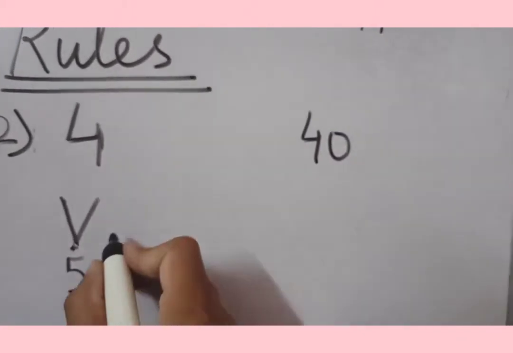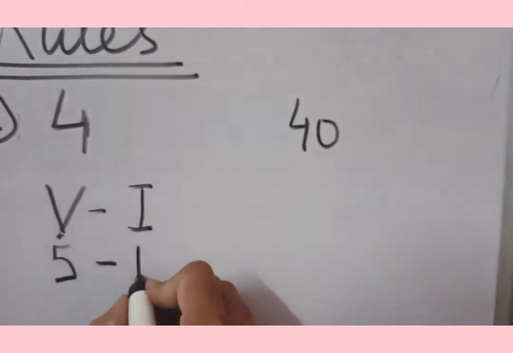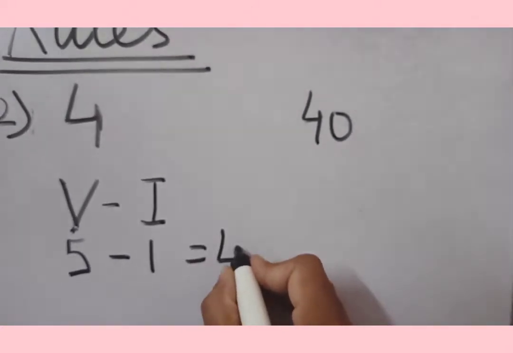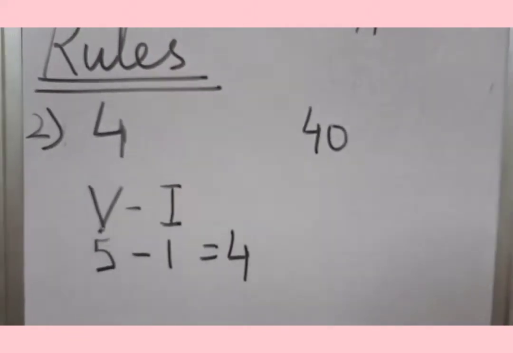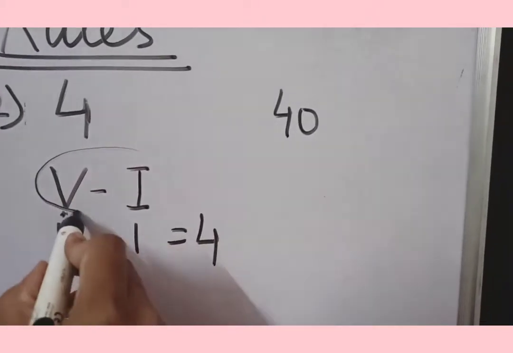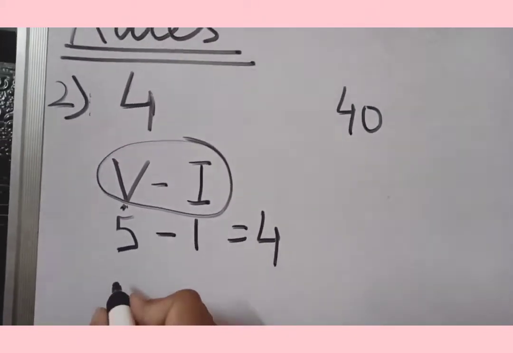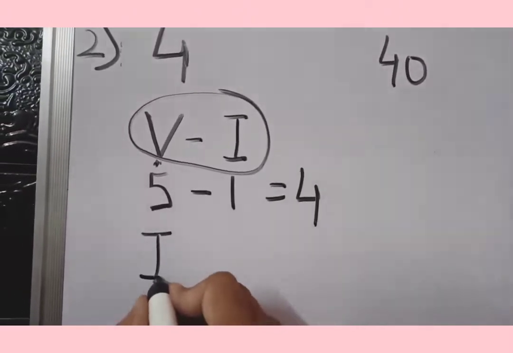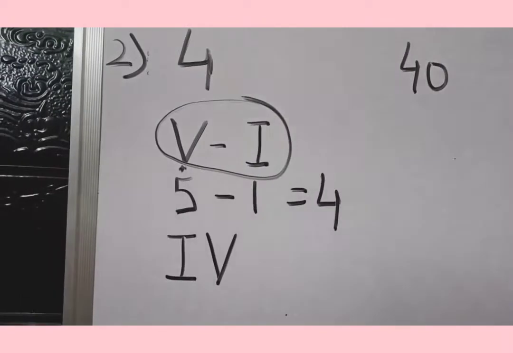Now what if I subtract 1 from this 5 to get the answer 4? Right? So to show that they are being subtracted from each other, we will write the smaller alphabet first and then the alphabet carrying the greater value.